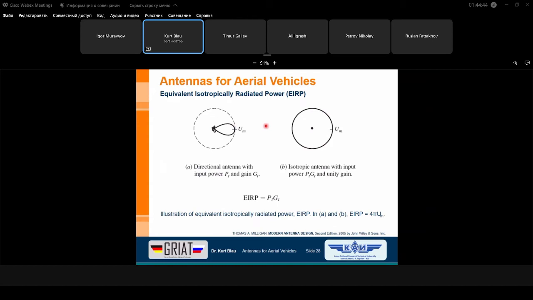Nobody knows in which direction the antenna radiates, and this figure of merit, this value EIRP, means we imagine that the antenna is able to radiate in every direction of free space.